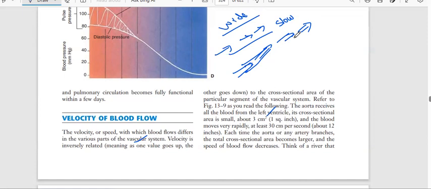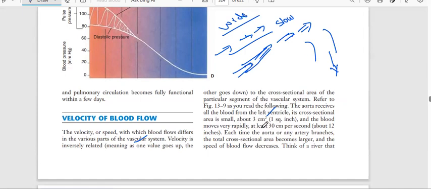But actually, we want to know about the left ventricle. From the left ventricle, blood will enter into the aorta, and from the aorta to all parts of the body. So this is very important. We have to understand the speed here from the left ventricle to the aorta.